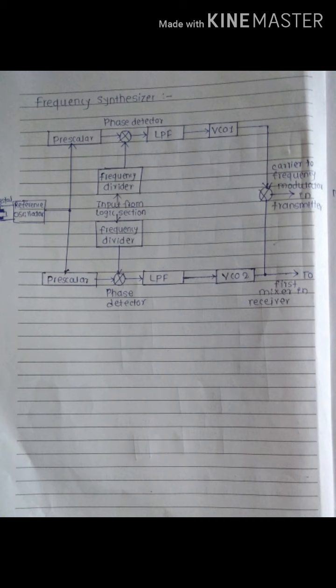VCO1 and VCO2 are combined together and given to the transmitter side, and VCO2's output is passed to the receiver. The frequency synthesizer thus acts as a local oscillator which can produce a wide range of frequencies with high stability. This is the function of the frequency synthesizer.